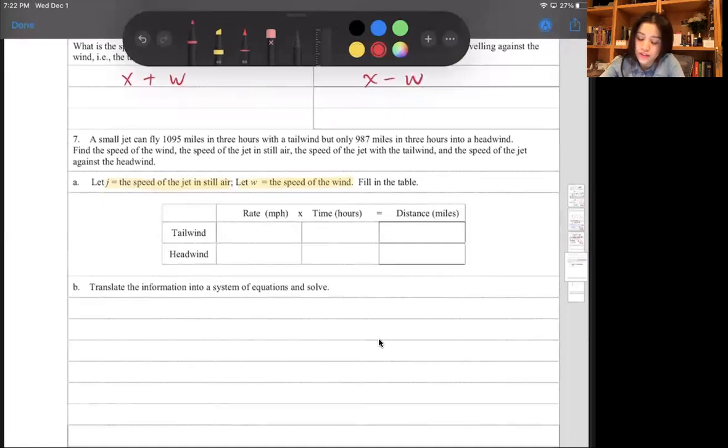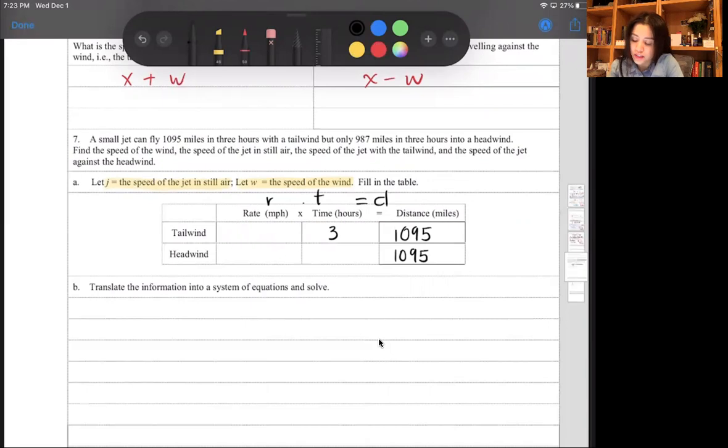So again, we have the same formula, R times T equals D. Distance is the same, right? Back and forth is the same distance, always 1,095 miles. The time for tailwind is 3 hours. And the headwind is also 3 hours. Oh, I'm so sorry. We have two different distances here.